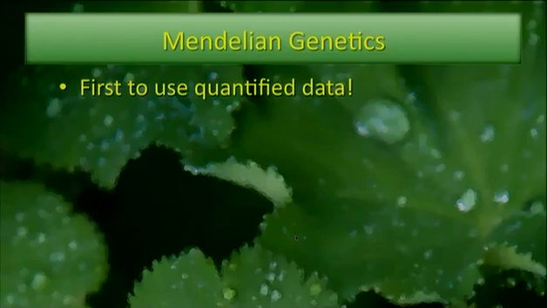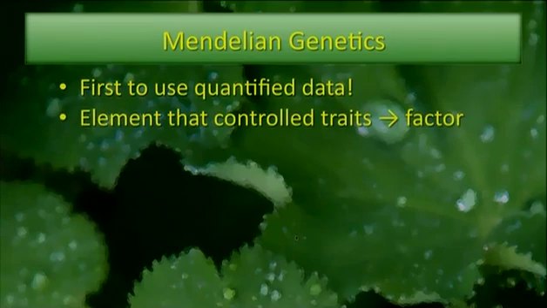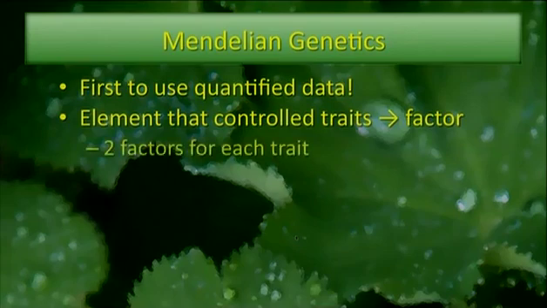So he called the element that controlled the traits a factor, and he mathematically figured out that there were 2 factors for each trait, such as tall and dwarf. That's what we call alleles of a gene. So a gene actually codes for a trait, and alleles are variants, or alternate forms, of this gene.